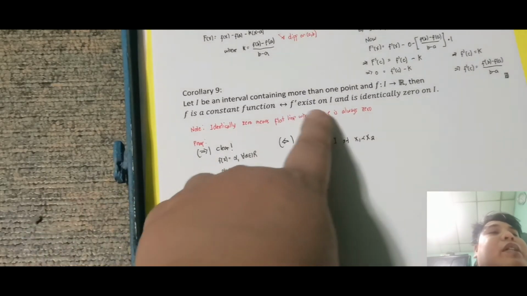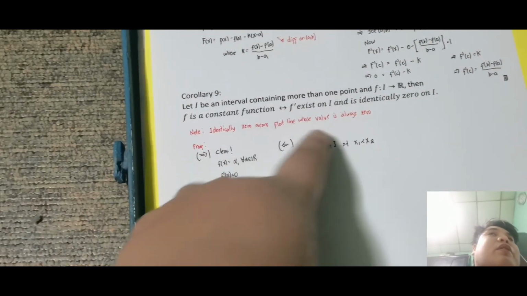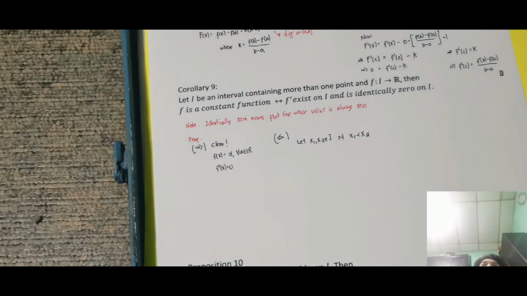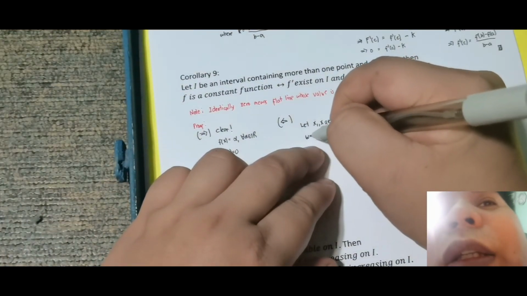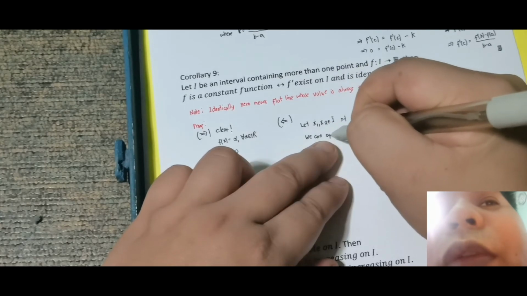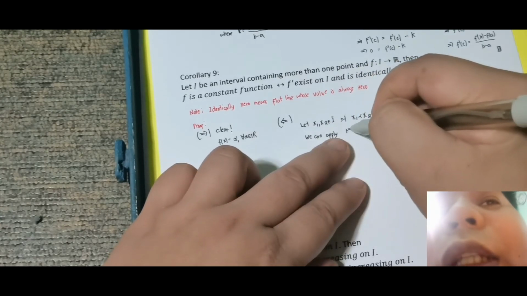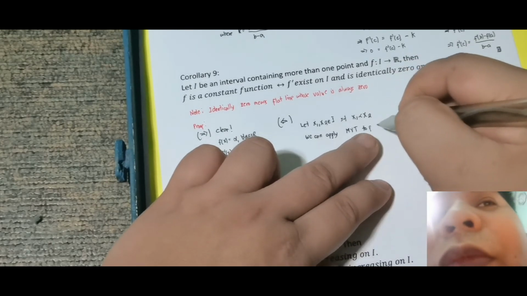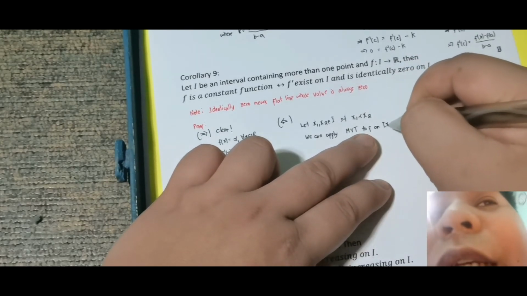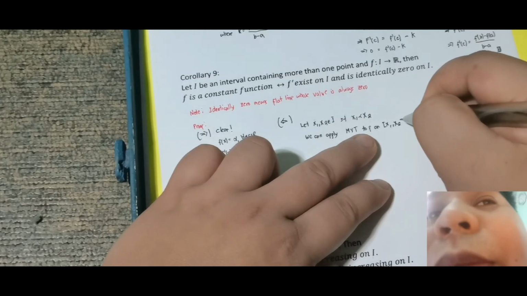Okay? So, sabi niya nga, let I be an interval containing more than 1 point, tapos f prime exists on I and it's identically equal to 0. Sabi nga natin, magiging differentiable ako sa open interval, tapos pwede kong apply yung mean value theorem. So, we can apply MVT to f on interval x sub 1, x sub 2.